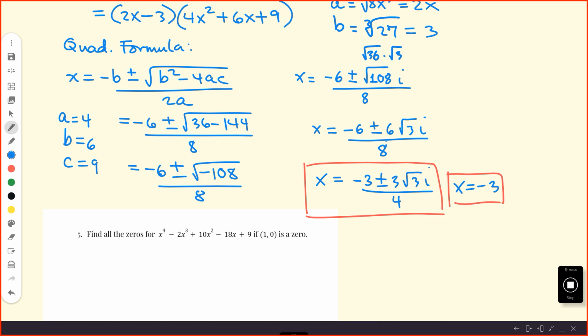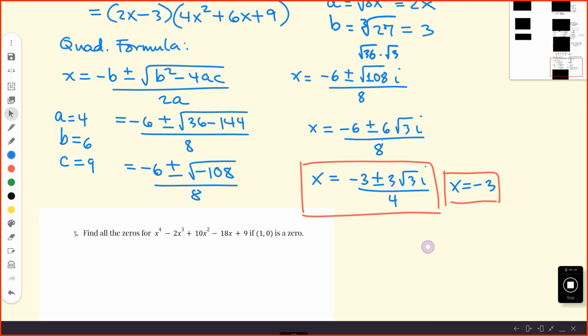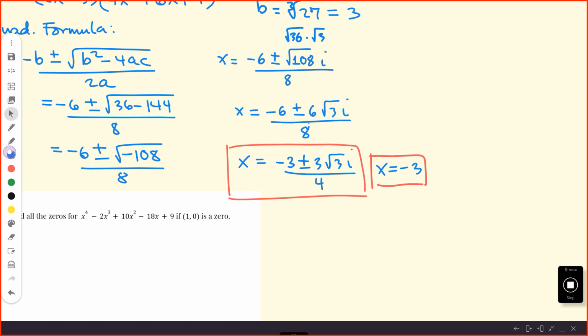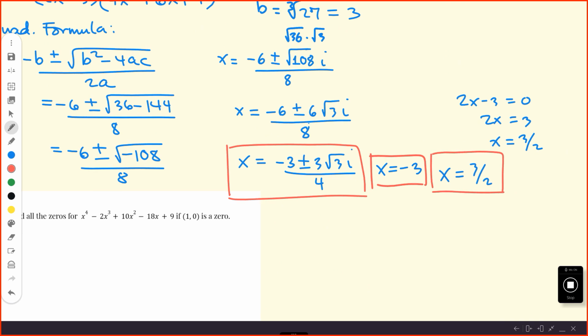If we solve for x, 2x minus 3 equals 0, so 2x equals 3, and x equals 3 halves or 1.5. That's your fourth one. So you have the 4 zeros, and we're done. We got 4 zeros or roots.